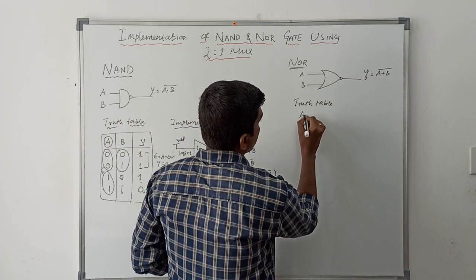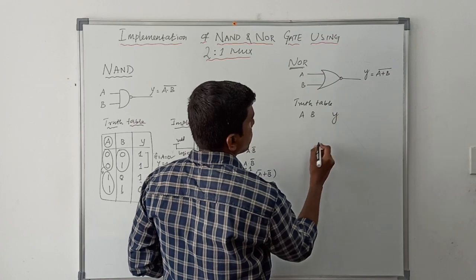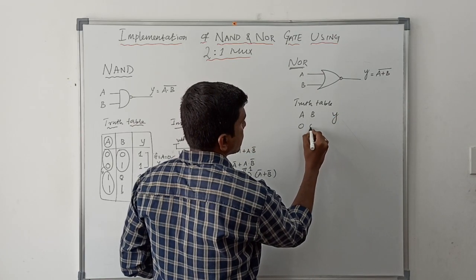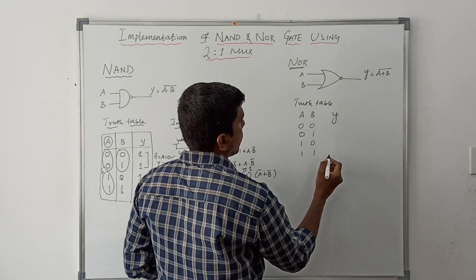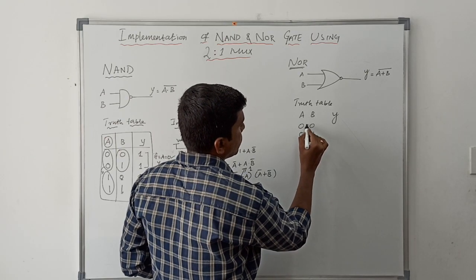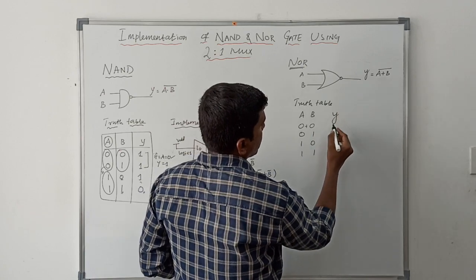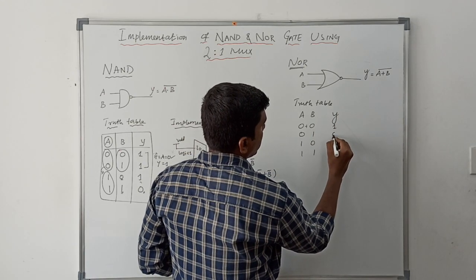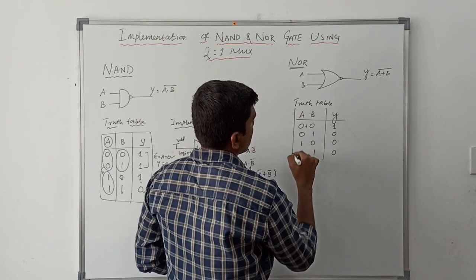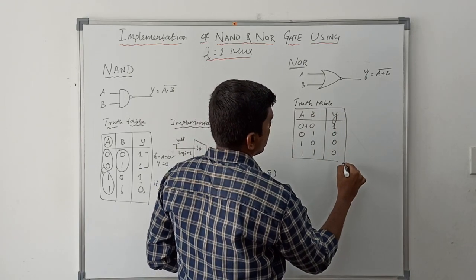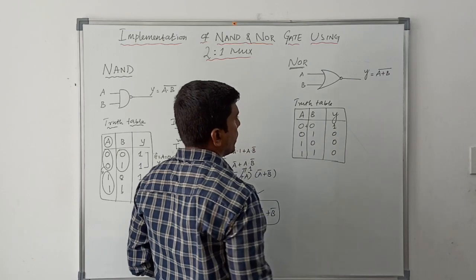A and B are the input variables and Y is the output. It makes the 4 combinations 0 0, 0 1, 1 0, 1 1. The NOR gate output is the OR of these two values: 0 plus 0 is 0, complement of 0 is 1. Then all the remaining values go to 0. So it's the truth table of the NOR gate.